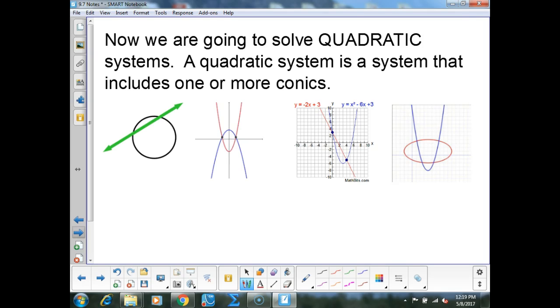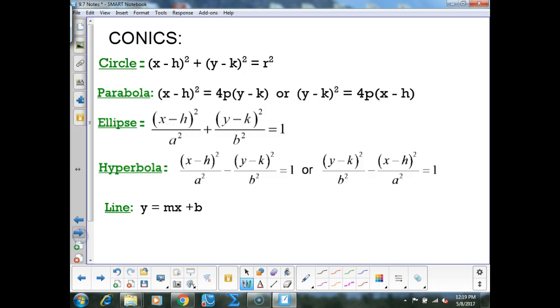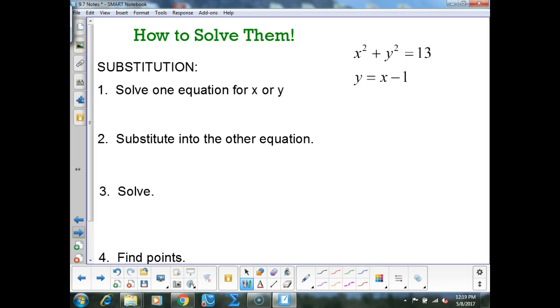It's not the easiest to do, but it pops it up, super terrific, fun, happy times. The other two methods are substitution and elimination. Those are the ones that work for any type of system. So today we are going to spend talking about substitution and how to solve a system of equations with substitution. Tomorrow we will spend on elimination.